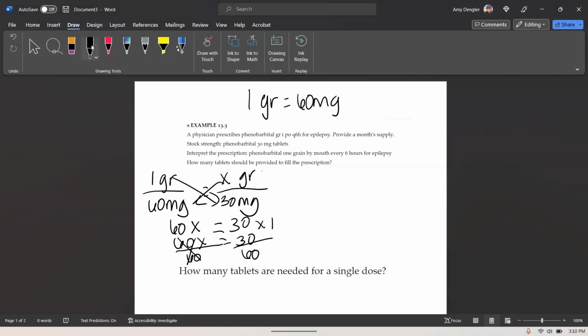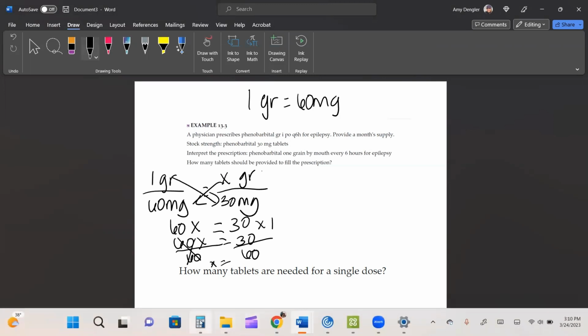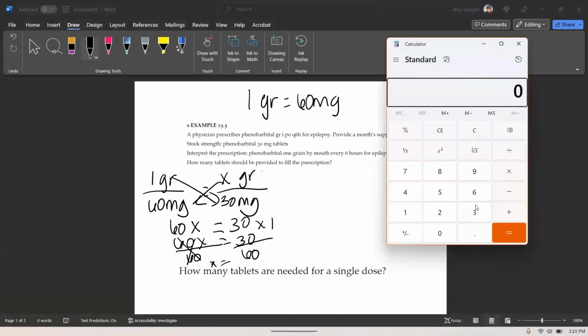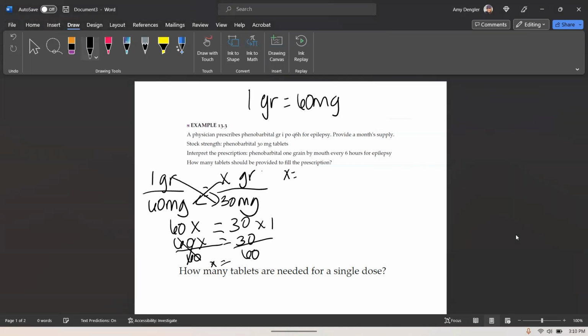So now on this side, we have x by itself. And if we do 30 divided by 60 in our calculator, we get 0.5. So that right there just tells us that we need 0.5 tabs per dose.